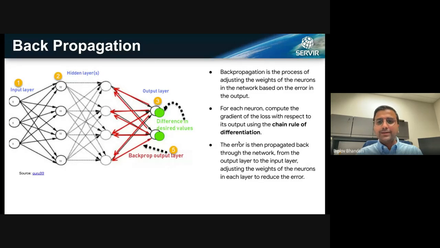Once those gradients are determined, the errors are then backpropagated, starting from the output layer to the last hidden layer, and then finally to the input layer, by making an adjustment on the weights of each of these neurons so that it could reduce those errors at the end.